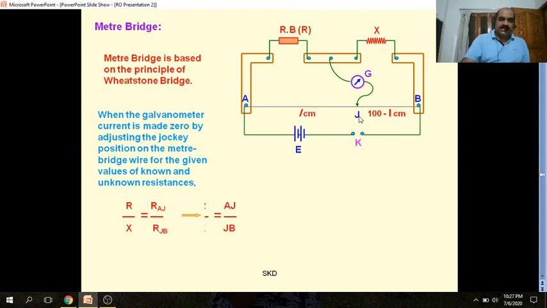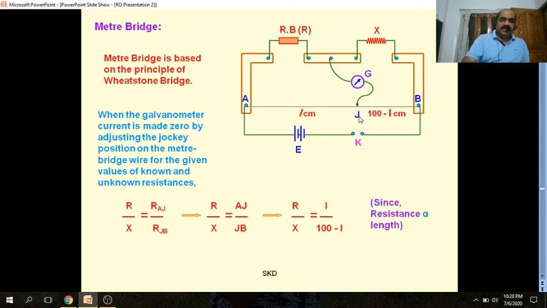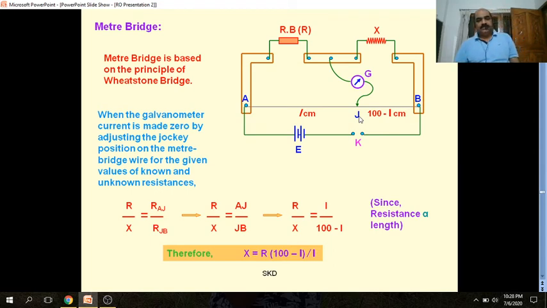So R_AJ we may write as AJ, that is L length, and JB is 100 minus L. So from this relation we can determine the value of the unknown resistance: X equals R into (100 minus L) upon L.